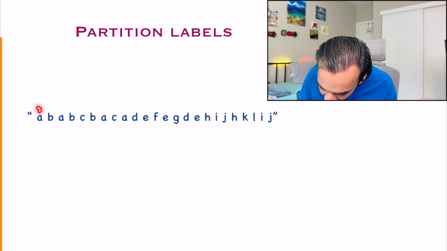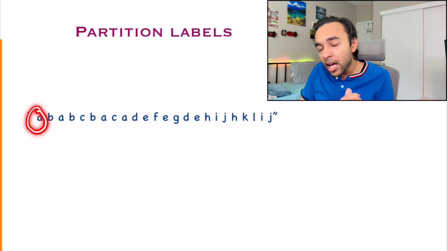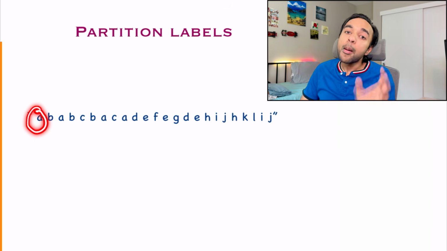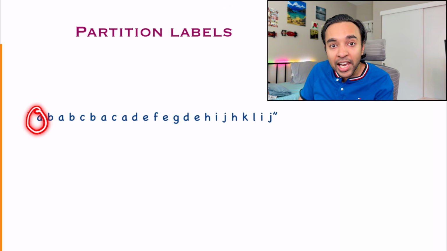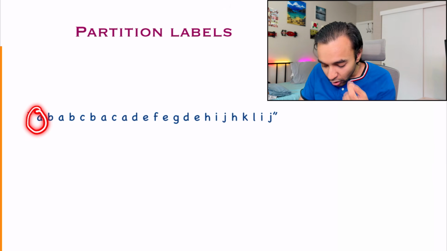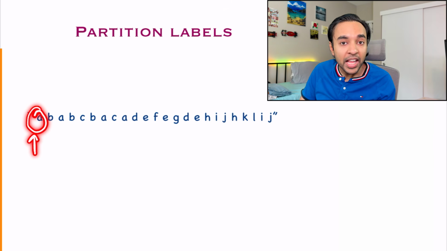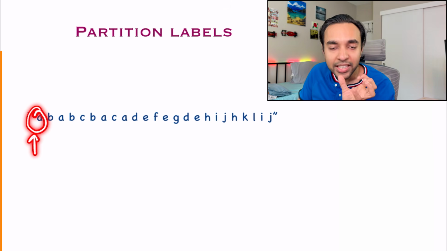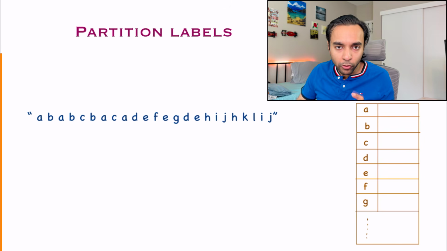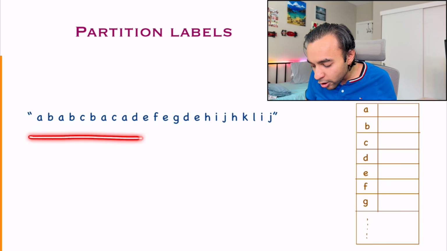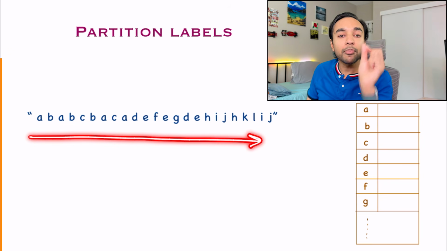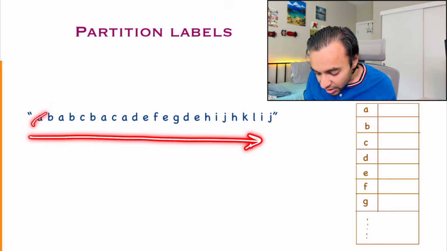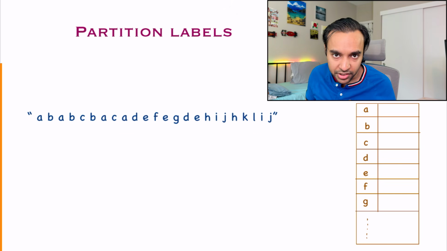If I pick up my first character, then no matter what happens, my first partition will have the last occurrence of this character, right? And I'm going to use this as my greedy criteria. So what I do over here is I iterate over my entire string and capture the last occurrence of each of the characters that is available in my string.